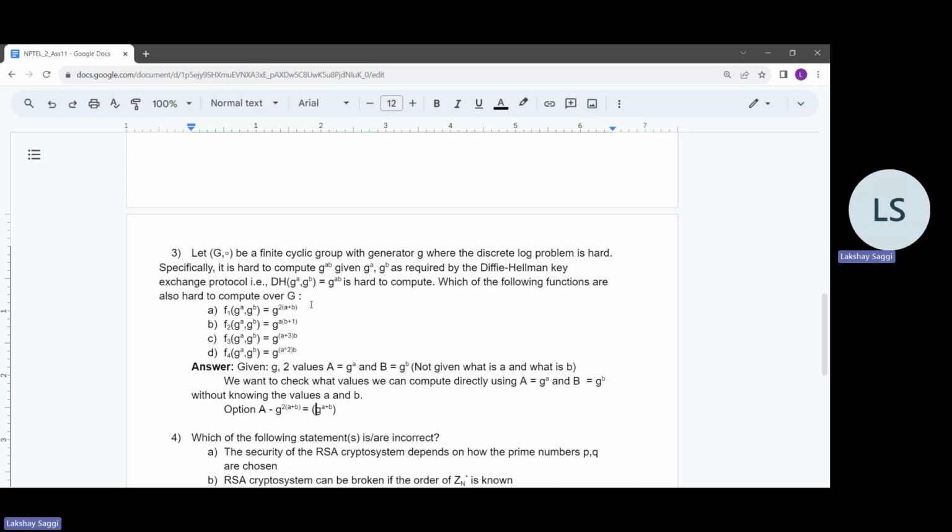Note that squaring and multiplication are easy problems. We don't need the values a and b for that. We can easily square.